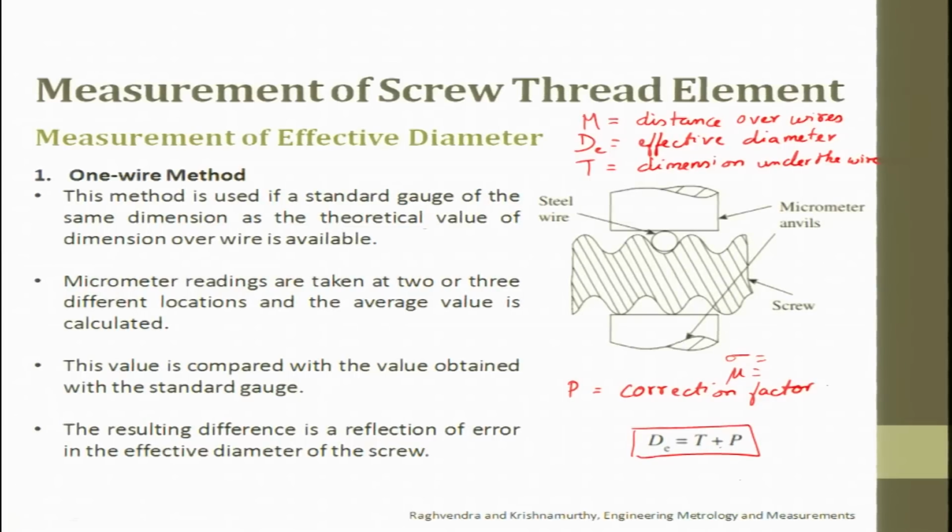If we want to measure T, T is nothing but M minus 2D, where D is equal to the diameter of the best wire.